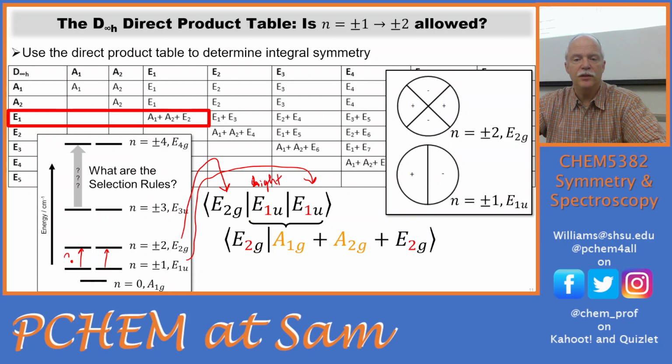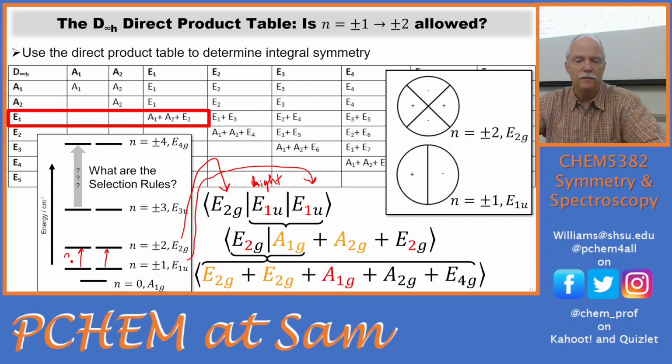And then u times u is g, so we have g's for all of those. I've color-coded this so that we can see that E2 times A1 is E2, and E2 times A2 is also E2. So those are the first two orange ones in that sum.